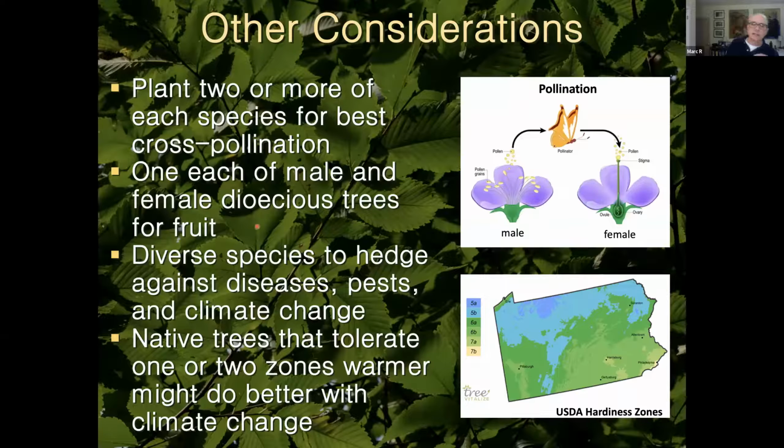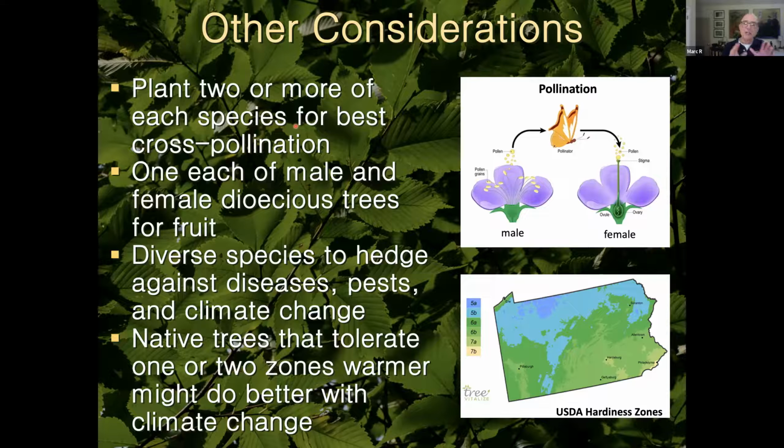Other things to think about: to maximize fruit production and seed production, you generally want to have two or more of each species for the best cross-pollination, because even trees that have both male and female flowers, whether they are unisexual flowers like a monoecious species, or perfect flowers which have both reproductive male and female parts within the same flower. A perfect plant is a plant that has perfect flowers.